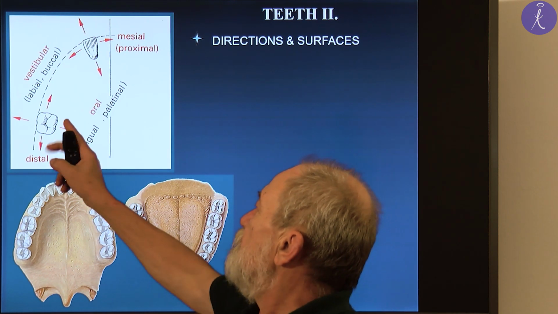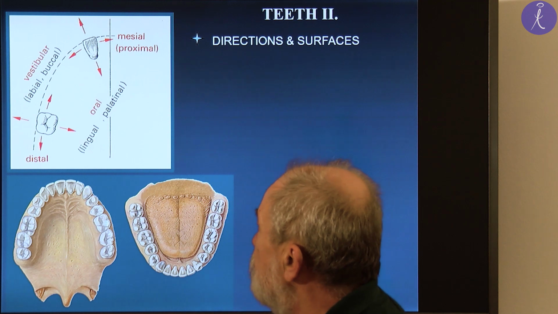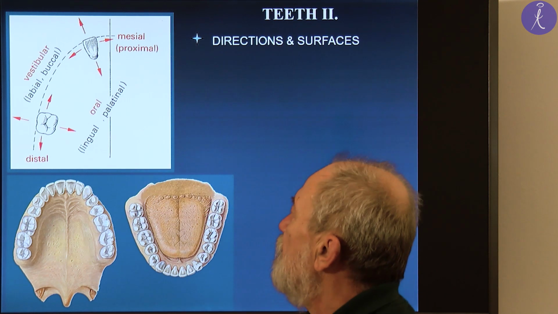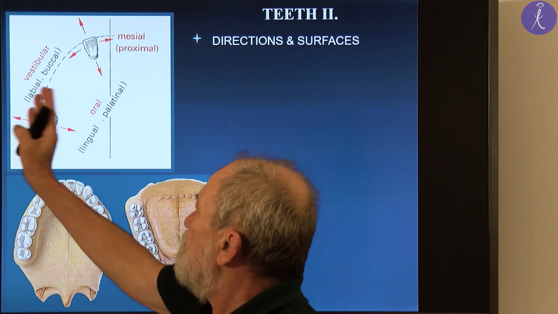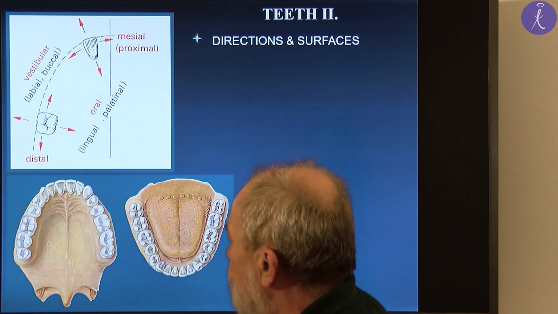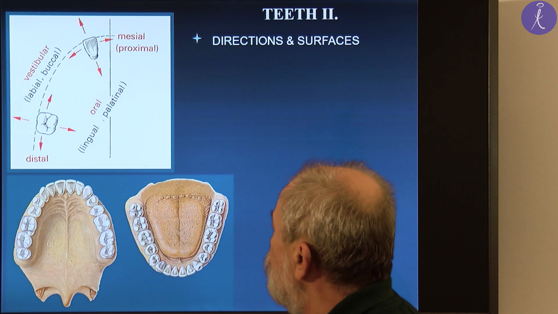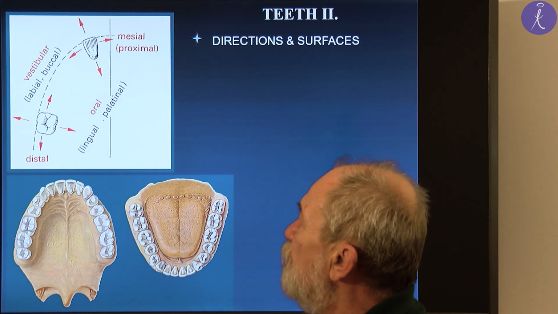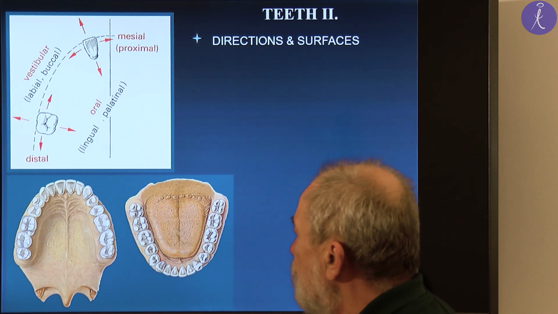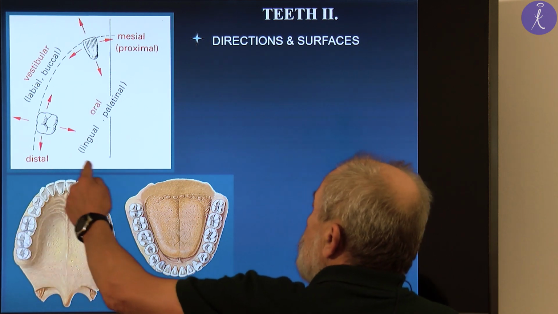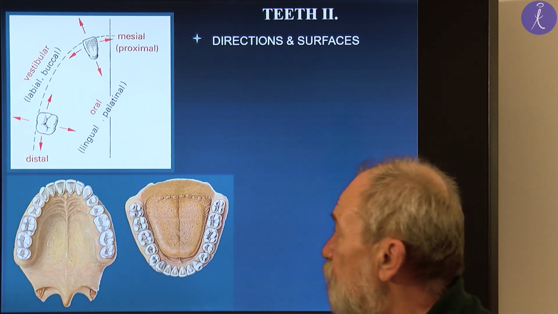Now the same applies to directions perpendicular to mesial and distal. Everything which faces outside on the tooth, or every important part of the tooth, should be called vestibular. This is quite a logical name, because outside the row of the teeth is the oral vestibule.